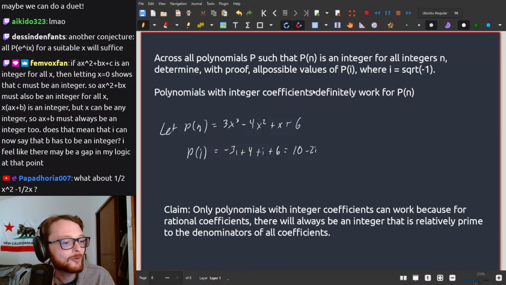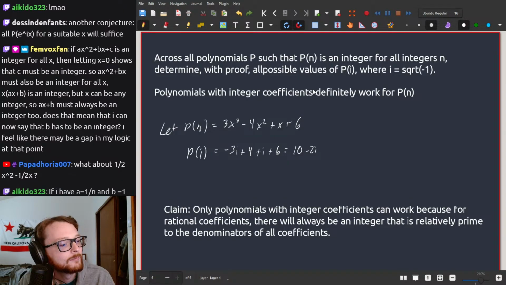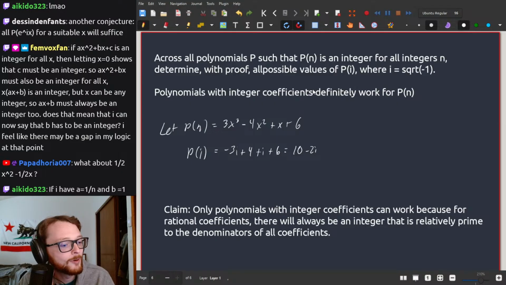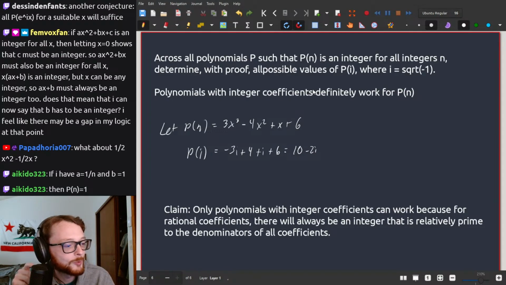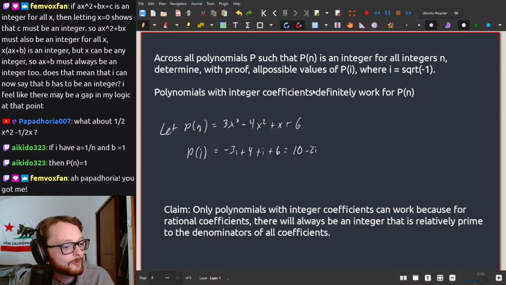No, but yeah, the cancellation idea doesn't work, because it won't cancel for all integers. So yeah, Papadoria, with that one, I think as soon as you plug in x equals 3, that runs into trouble.